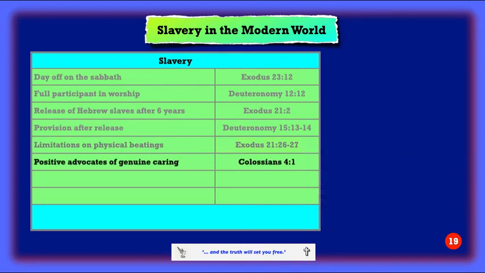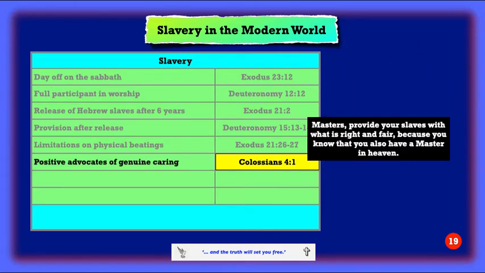You can see how the Bible takes us forward, but we've got to interpret it in terms of the culture of the day. Just one reference in the New Testament. Masters, provide your slaves, and that's the genuine word slaves in the Greek, with what is right and fair, because you know that you also have a master in heaven.